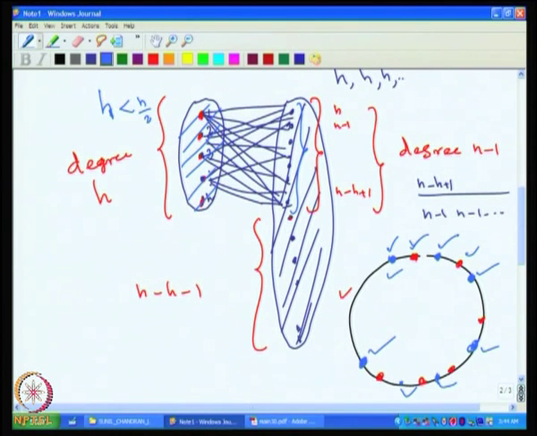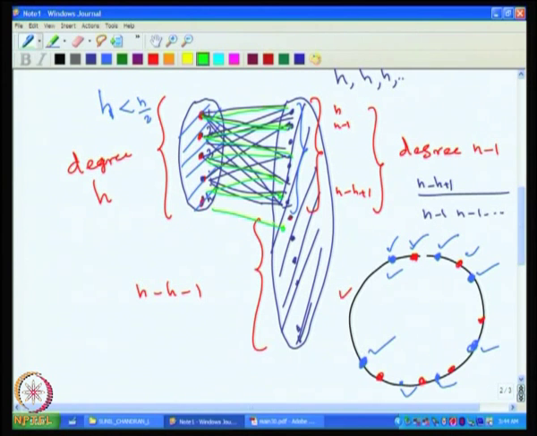If there is a Hamiltonian path, it's not possible to have just h neighbors, because there are more vertices here, right. So, in other words, if you want to see it in a different way, the Hamiltonian path will go here, then it has to come back here, then again it has to go here, it has to come back here. So, every time it goes here and comes back, then you have to account for one more vertex, and finally, because the cycle has to close, it has to come out of it.